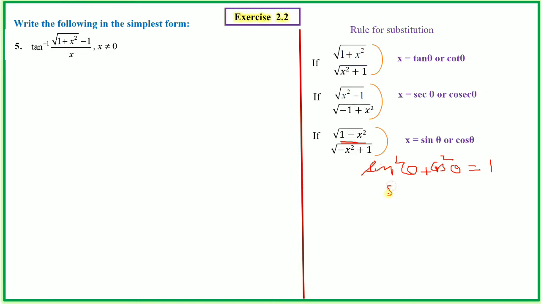In this case we may have the value of sin square theta is equal to 1 minus cos square theta. So 1 minus cos square theta means what? 1 minus x square. So we will substitute this one.